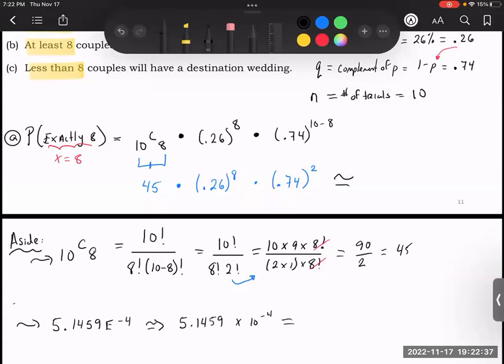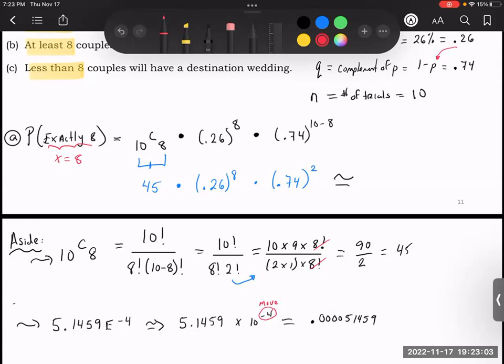But anyways, what you're going to get is 0.000051459. What would happen if you don't? I mean, then your answer is wrong. The negative 4 here just means move the decimal point 4 places. It's going to be wrong if you don't.